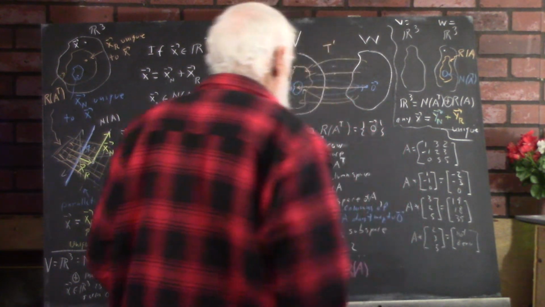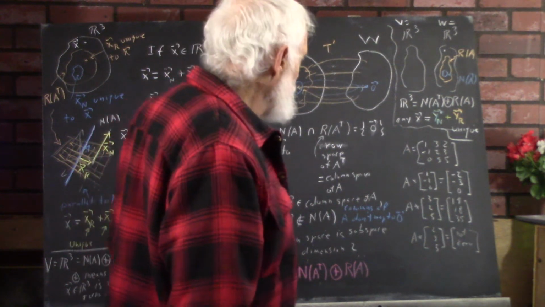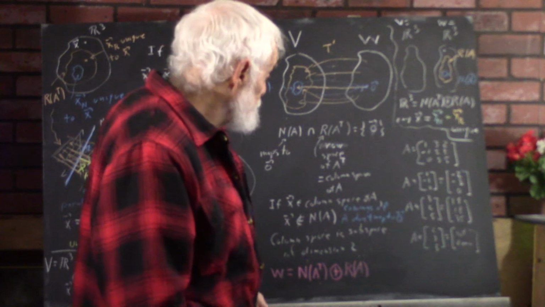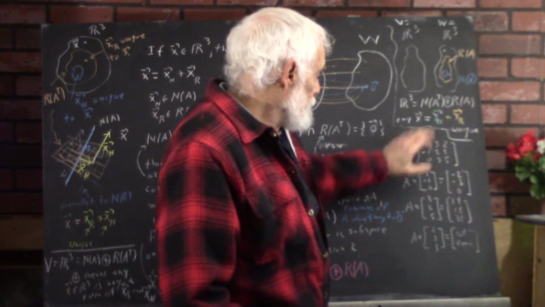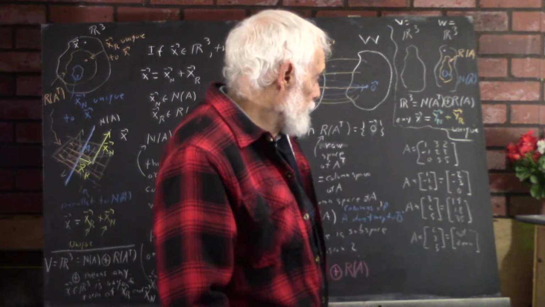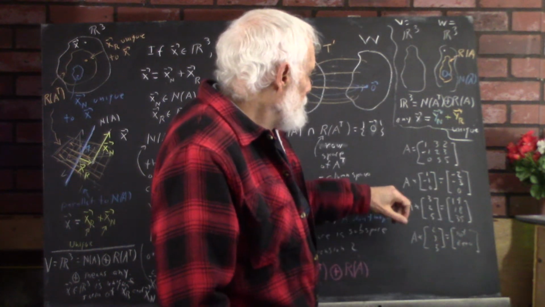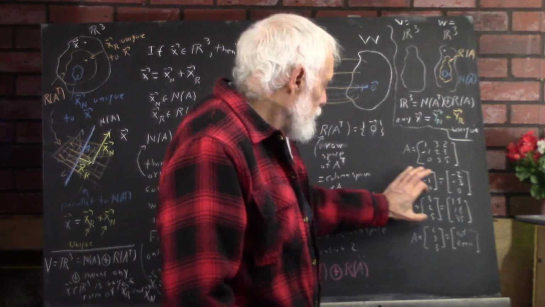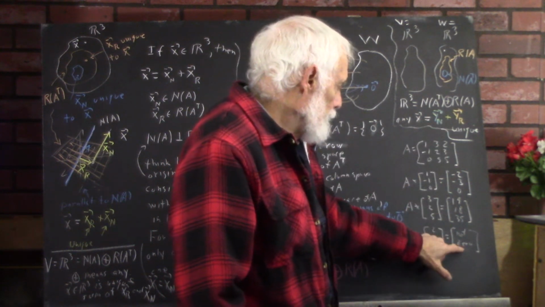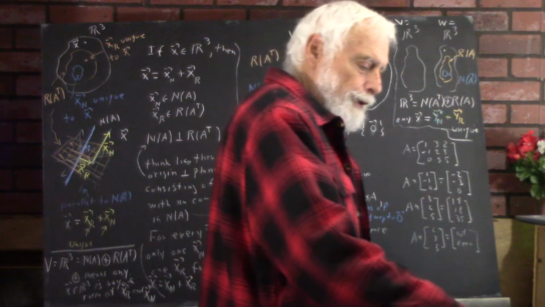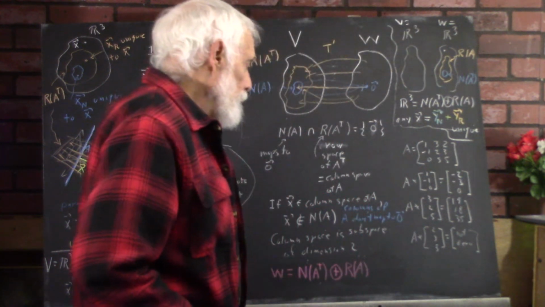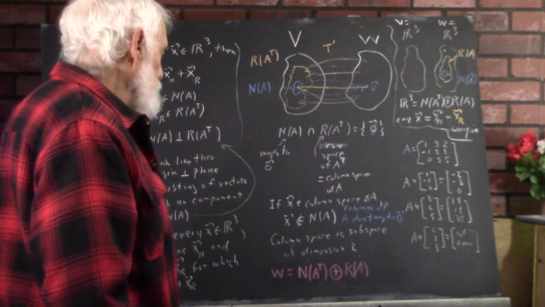The columns of A don't map to 0, and I've just demonstrated that. Here's the A matrix we happen to be using. First column is this. If we multiply A by this first column, if I did the multiplication right, we get this. If we multiply the second column by A, we get this. And the third column, we get this. I didn't even write out what it is, but it's not 0. You can verify it, and then you can think about why it could never be 0 for all 3 vectors.